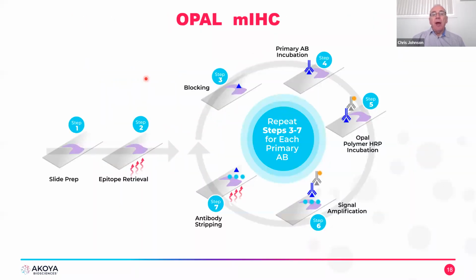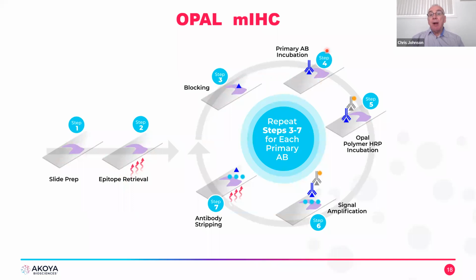Okay, so Opal is a multiplex immunohistochemistry technique, and it follows more or less the same setup that you do with standard immunohistochemistry. There's a slide prep start position. We have to put the tissue through an epitope retrieval process, which we'll talk about briefly shortly. We will then use a blocking step to help reduce background.